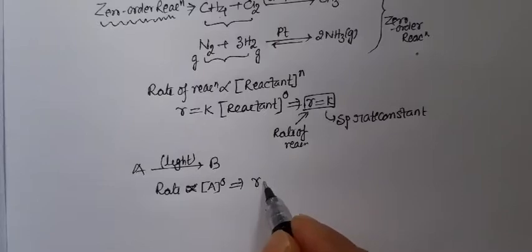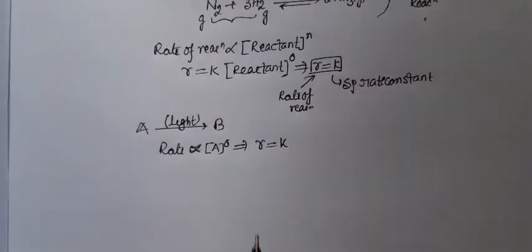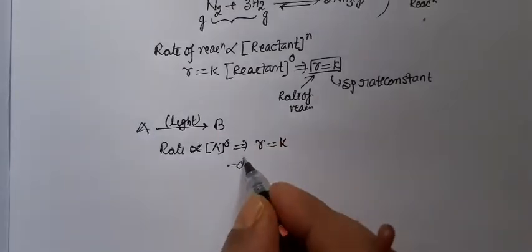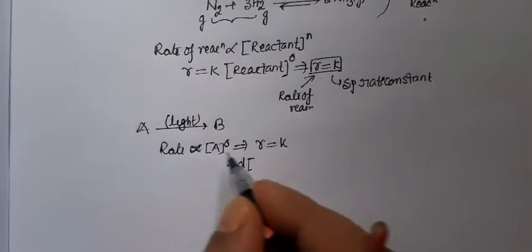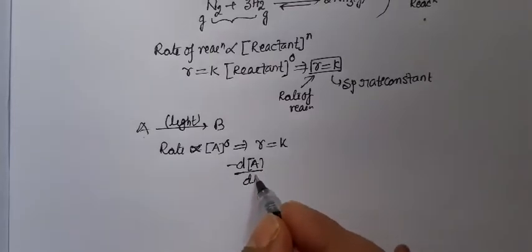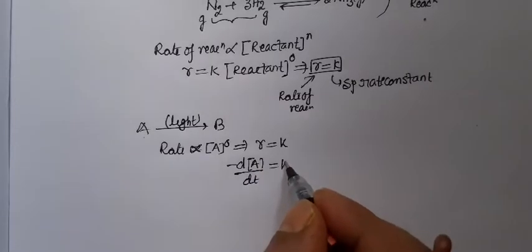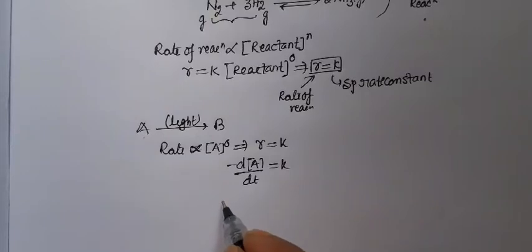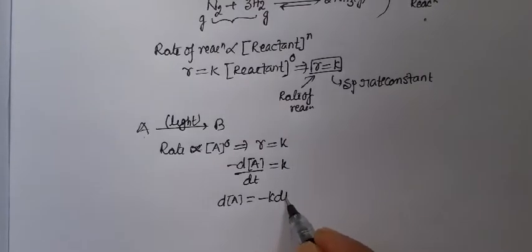It becomes R is equal to K. Rate means, as we know, the decrease in the concentration. A represents concentration, so it is minus dA by dt equal to K. Now we can write this in the given form: minus dA equals K dt.